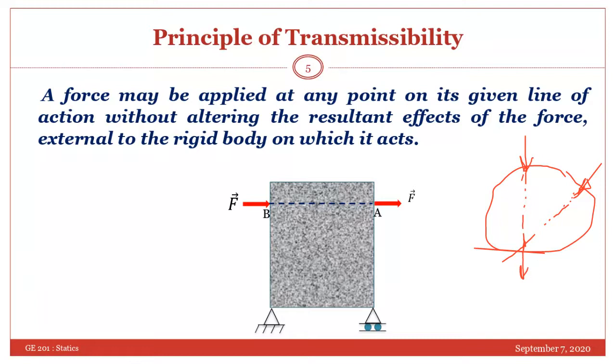Yeah, this is the line of action of the force. Okay. So anywhere you can move this force along its line of action. Now we have moved this over here, moved this over here, and now you can apply the law of parallelogram and get the total resultant force.